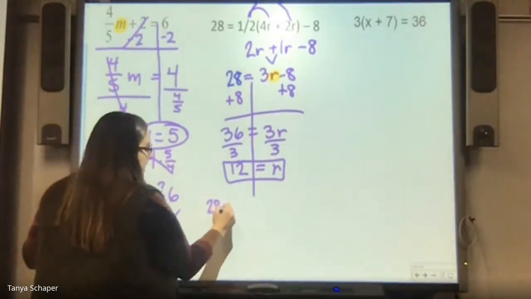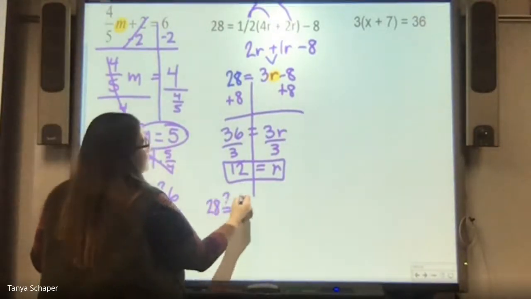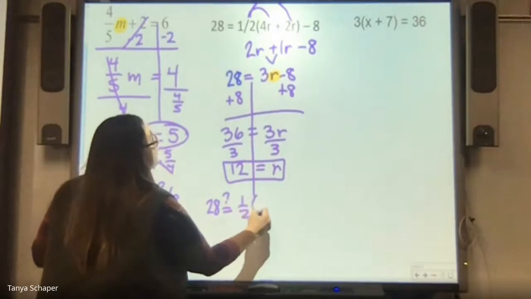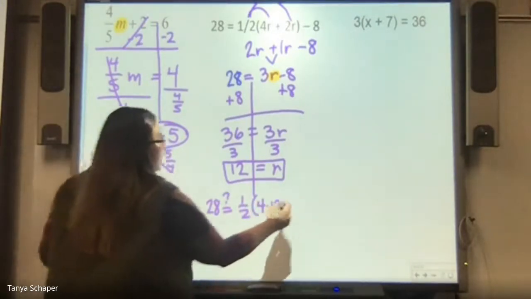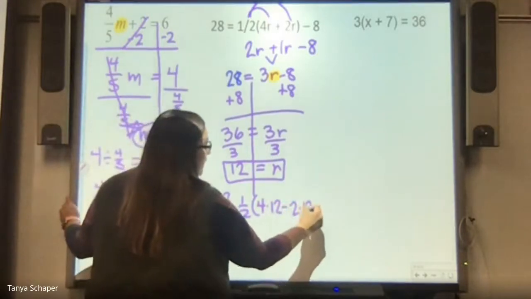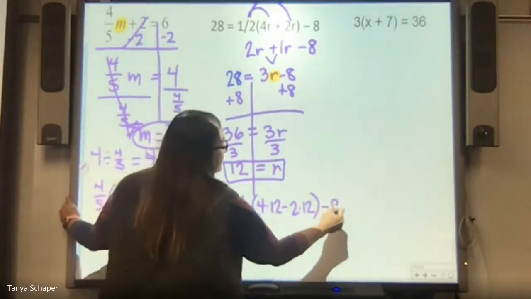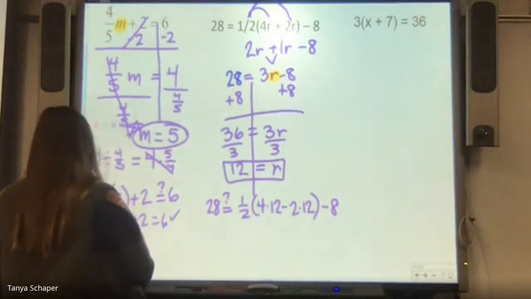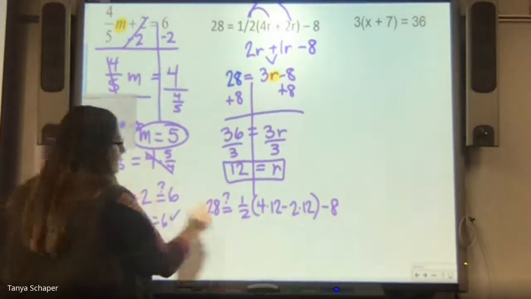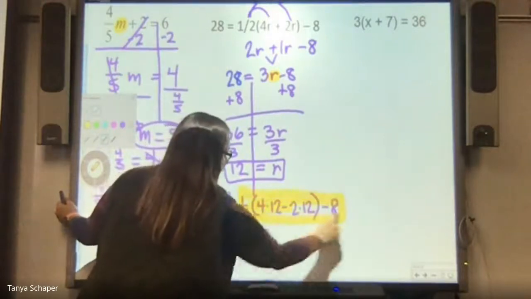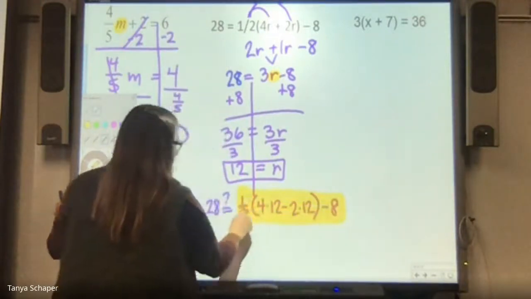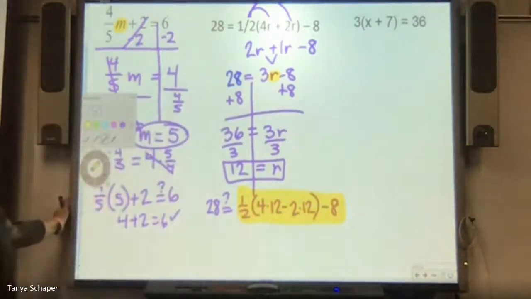Is 28 the same as 1/2 times 4 times 12 minus 2 times 12 minus 8? If you type this right here into your calculator, that should equal 28.